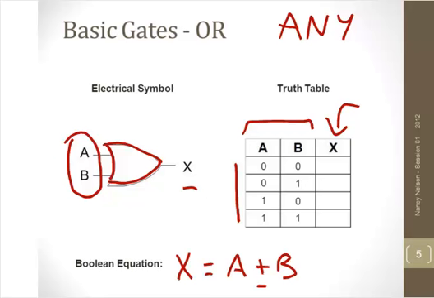So if we look at the second row, we have B high here, which means the output of the OR gate will be high. The third row, A is high, so our output will be high. And finally, in the last row, both of them are high, so our output will be high. In the first row, neither of them are high, which means our output is going to be 0.